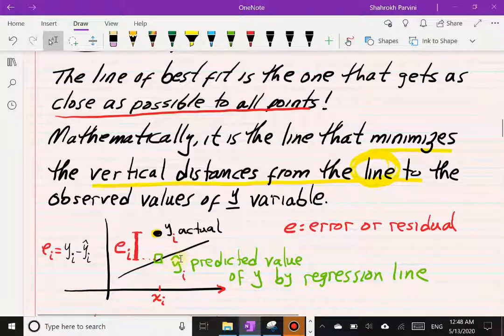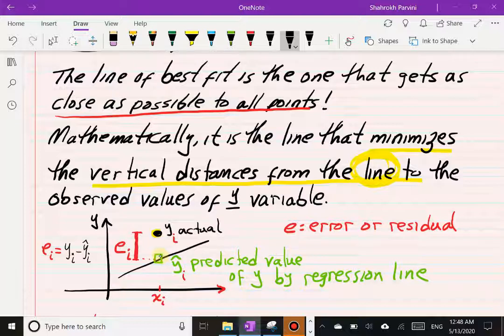We use the hat notation, the caret sign, for the predicted value y. I have subscript i here because this is for the ith observation. I could have, say, 8 data points, so x sub 1, x sub 2, sub 3, sub 4, sub 5, and so on. So this is y sub i, the actual y value.